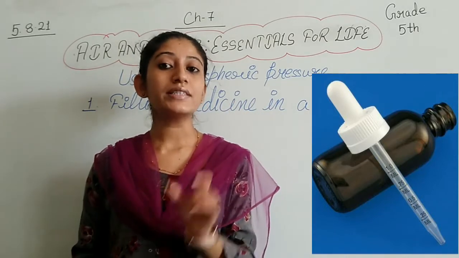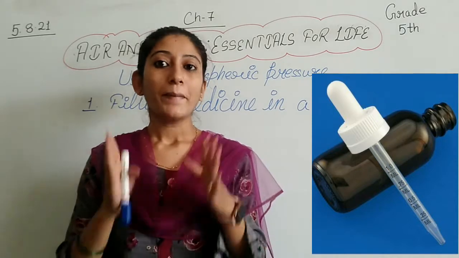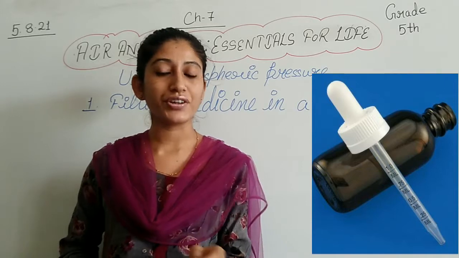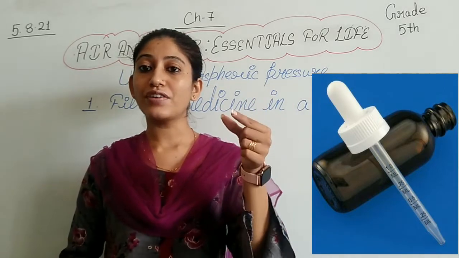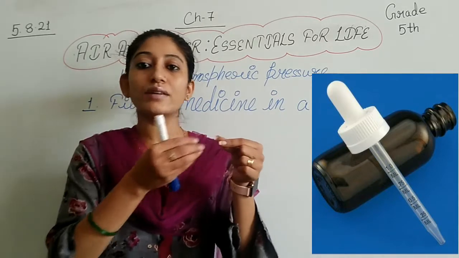Now what happens? The air pressure inside the dropper decreases. Pressure outside the dropper is high, and the air pressure inside the dropper is low, because as soon as we press the rubber of the dropper, air comes out.